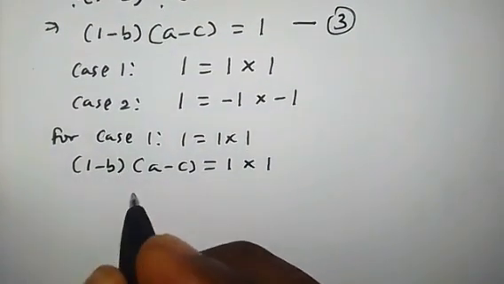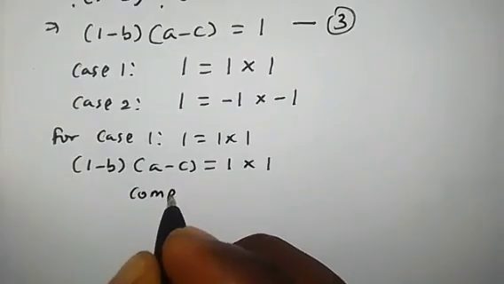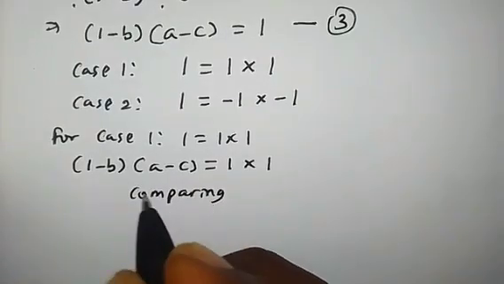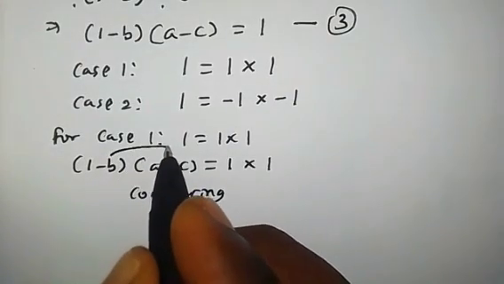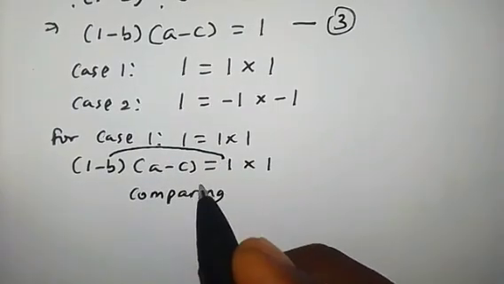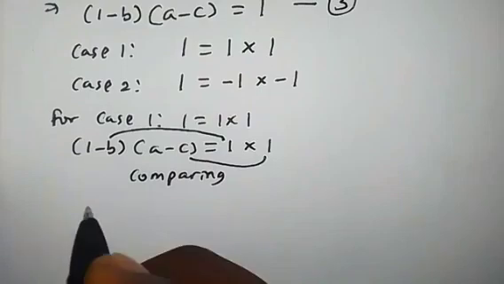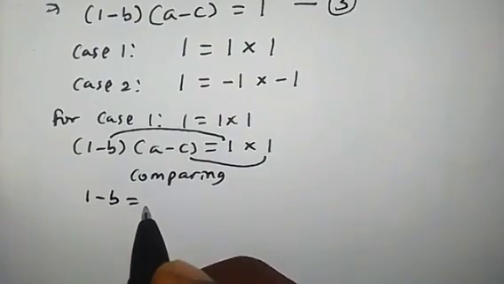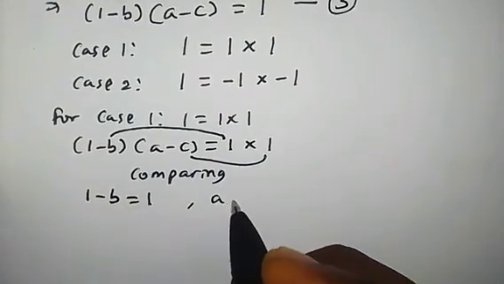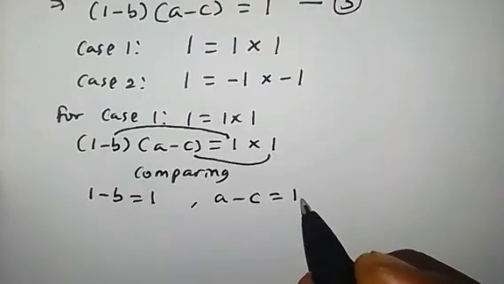Now, comparing, 1 - B has to be equal to 1, while A - C has to be equal to 1 also. 1 - B = 1, A - C = 1.